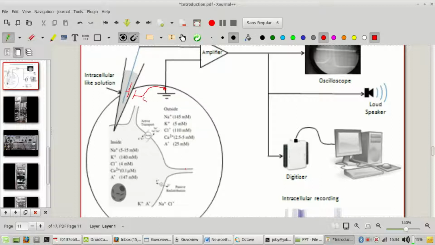So this is saline, right? And this depends on a conducting solution, whatever electrolyte you are going to use. The other electrical element would be here.